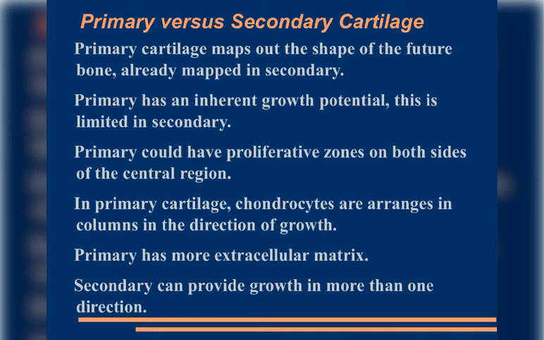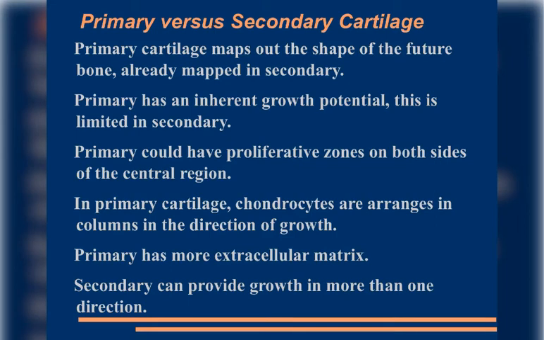Also, the cartilages that mold long bones before they become bone are considered primary cartilage. Primary cartilages map out the shape of the future bone, and the shape of the future bone is already mapped in secondary cartilage.